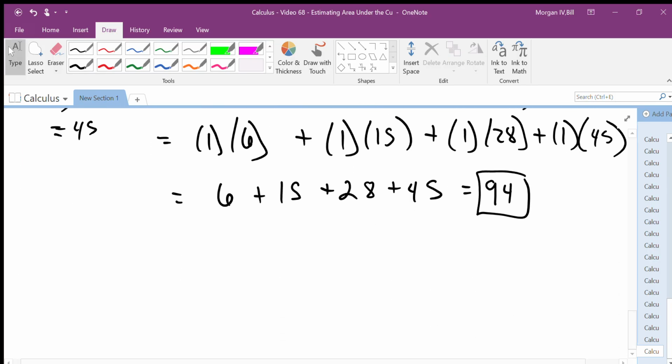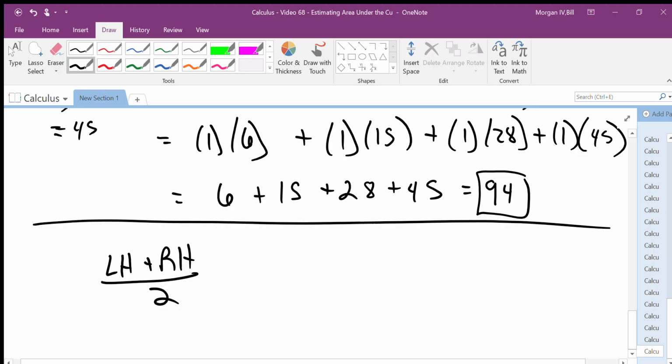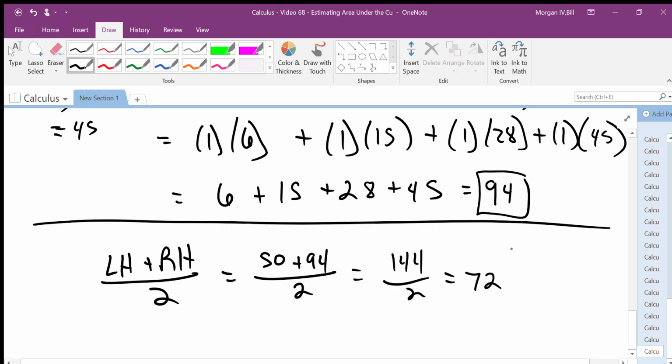So if we took the left hand plus the right hand and divided by 2 for the average, we would get 50 plus 94 divided by 2. That would be, what, 144 divided by 2 is 72. And 72 is much closer to the actual area, but it's not the actual area.